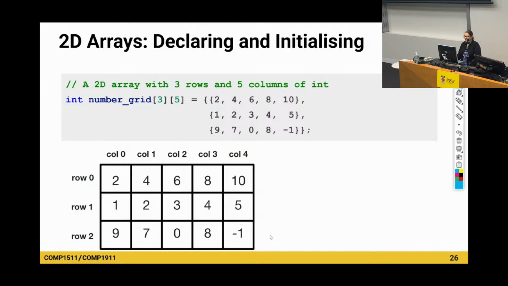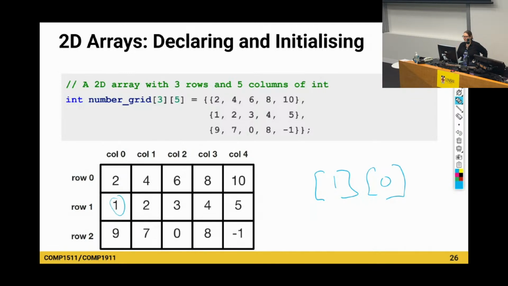So if I went to the index 1, 0, what value would I get? Yes, so this would be row 1, column 0. That's right. Cool.